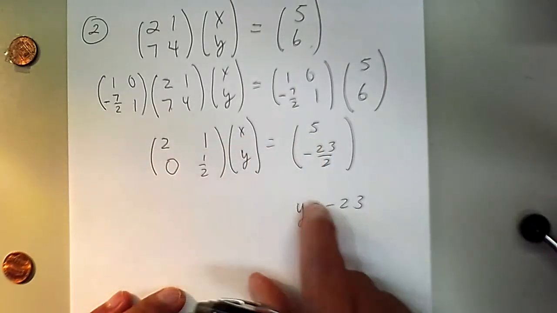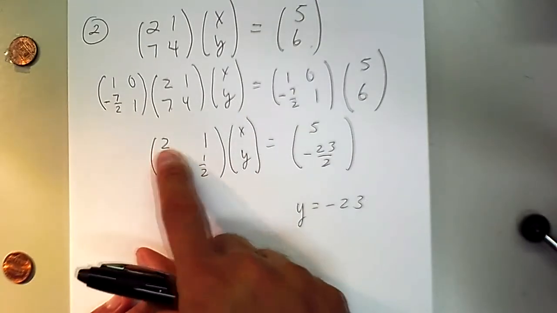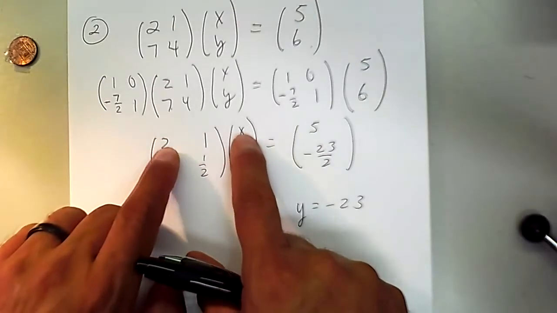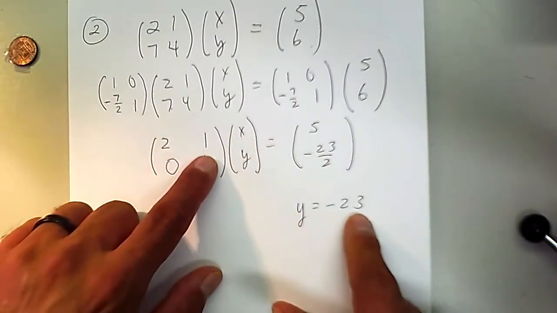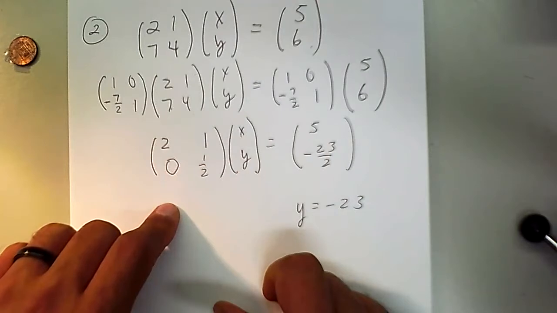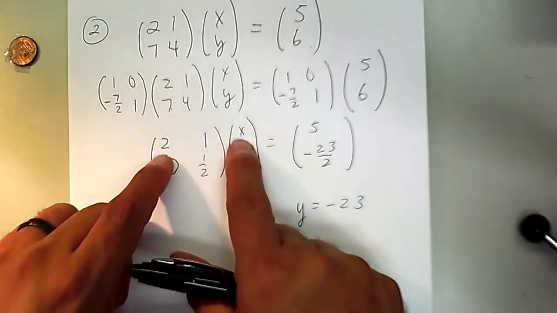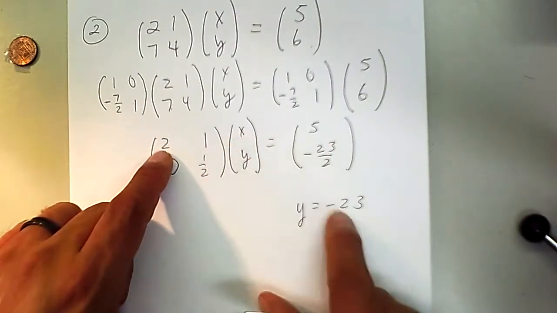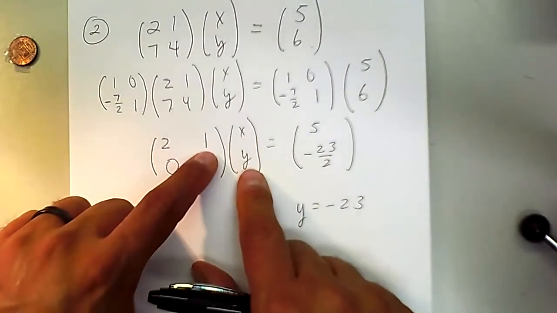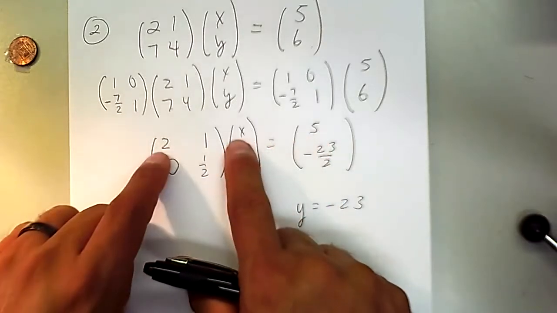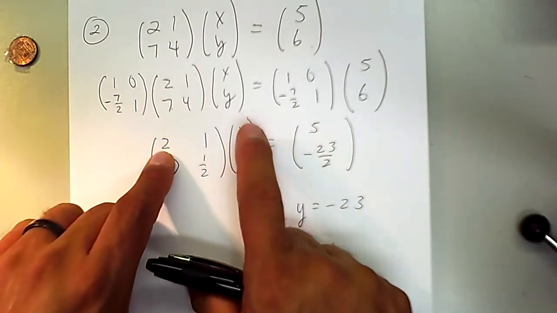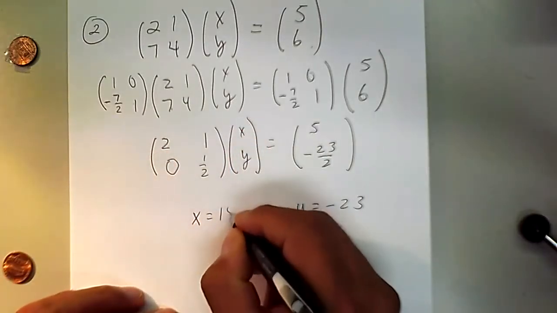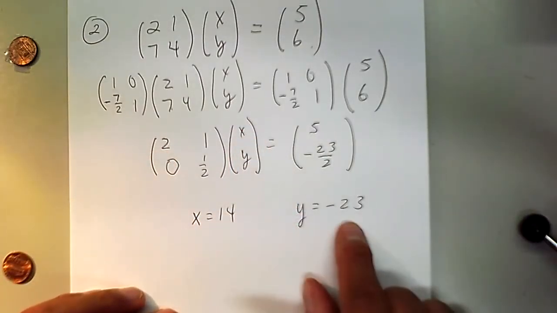Well, y is negative 23, so whatever the 2x is, minus 23 has to be 5. So we have to have 28 for the 2x, so that when we subtract 23, we still end up with positive 5. That is twice x, so x has to be 14. x equals 14. So there is our solution.